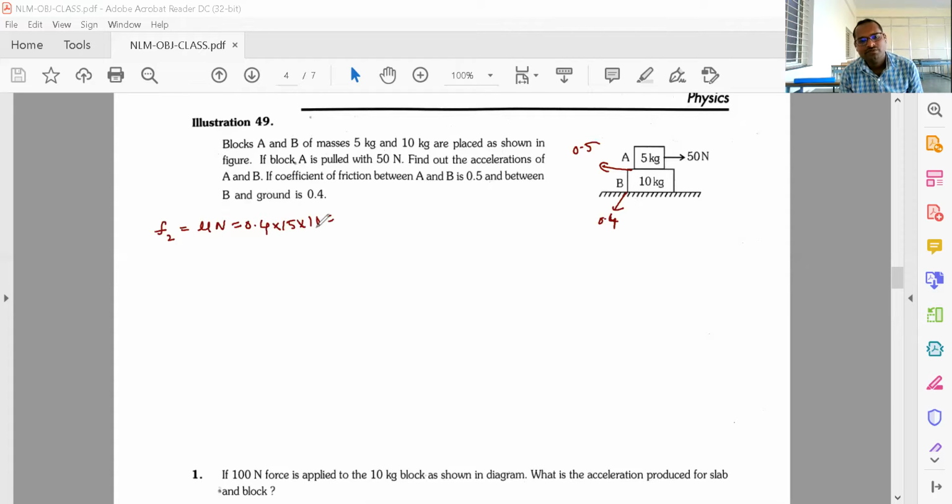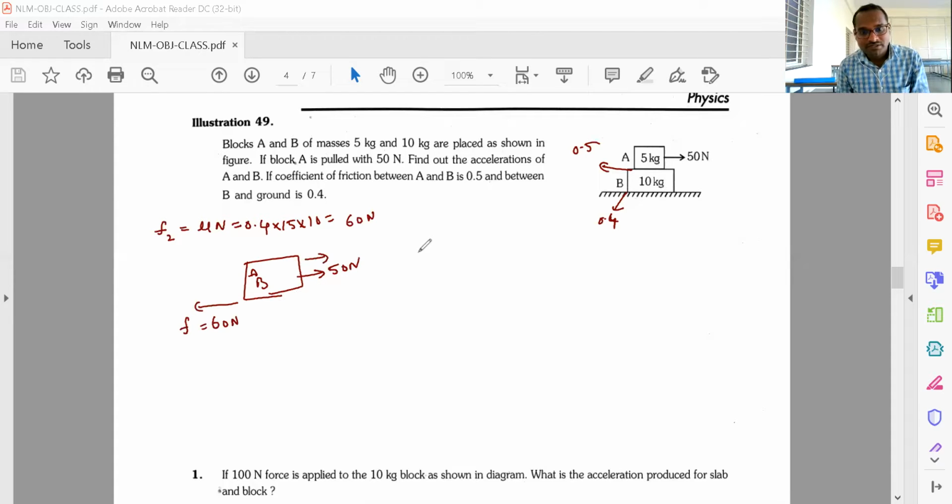So 0.4 into 10 is 4, 4 into 15 is 60 Newton. For these two blocks A and B, a 50 Newton force is acting. I am drawing the free body diagram together, and frictional force is acting, that is 60 Newton. Now, is it possible to pull blocks A and B? No. Motion is not possible.